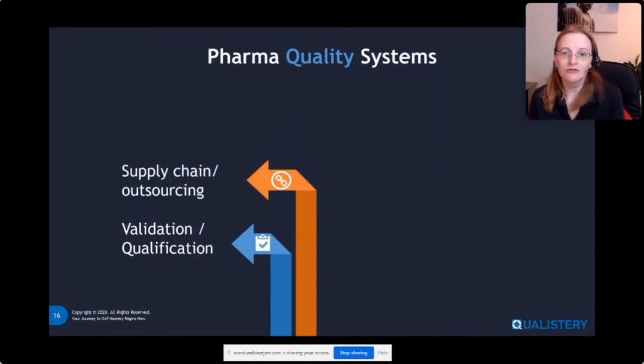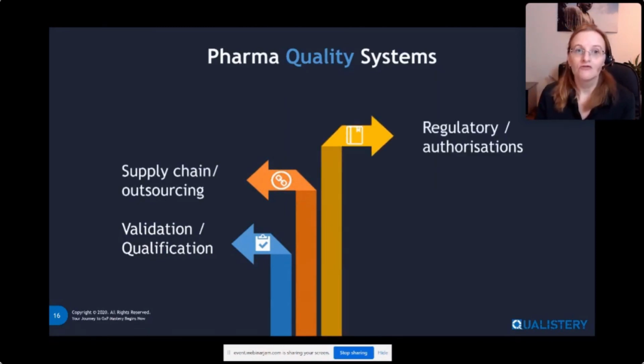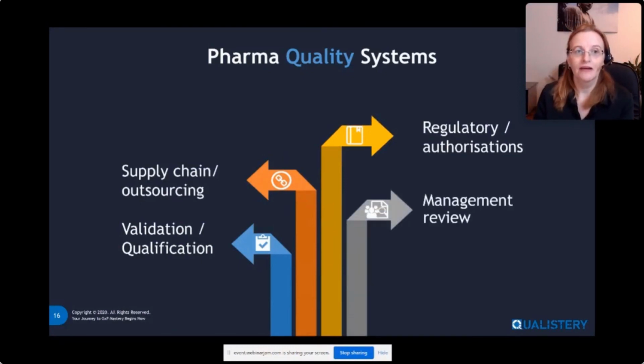Supply chain and outsourcing, regulatory and authorization management, yeah? And lots of you already said management review. I'm seeing complaints, I'm seeing lots of different things here. These systems are not always at the forefront of your mind in the QA department. They might be administered by other areas in the organization. However, it is still crucial to capture any and all actions that are generated and ensure they're completed to the schedule. Okay.